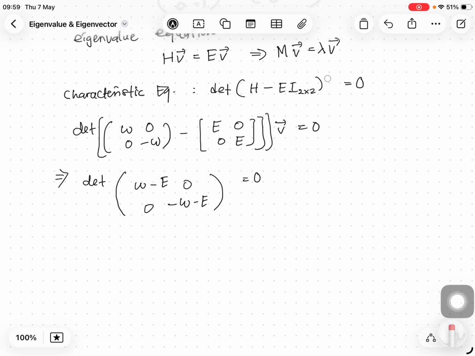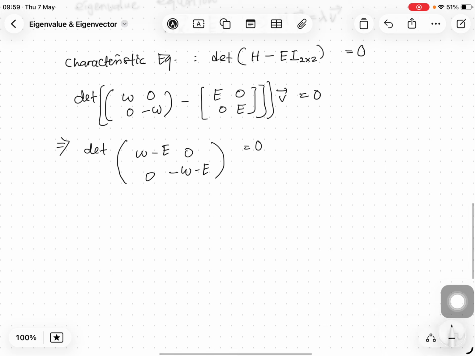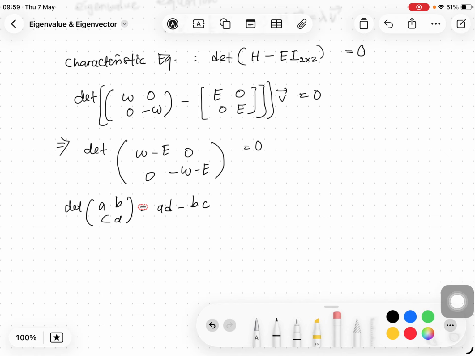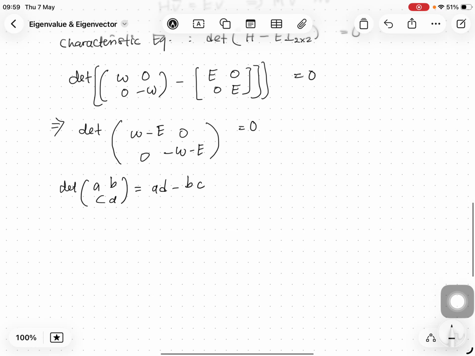You have to make it like that first, and find the determinant first. The determinant of A, B, C, D is AD minus BC. You can follow the tips in my notes. Therefore, omega minus E times minus omega minus E equals 0. Solving this, E1 is omega and E2 is minus omega.